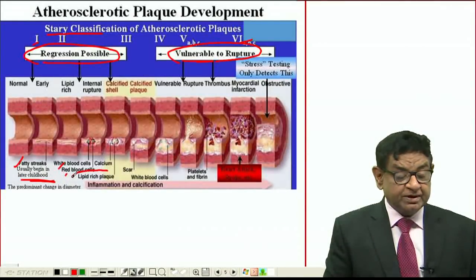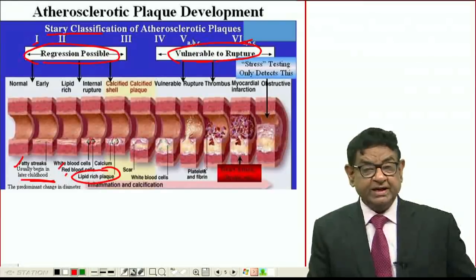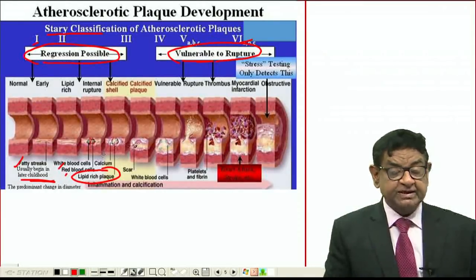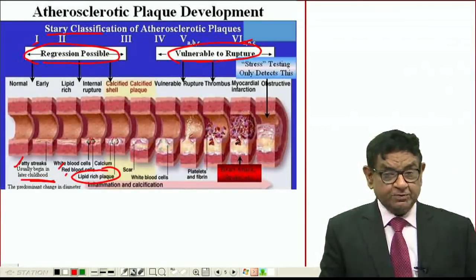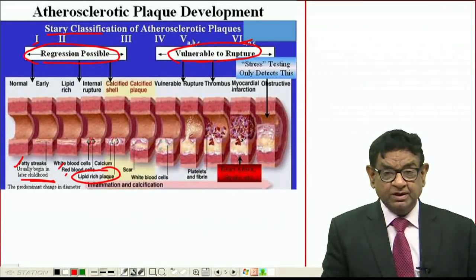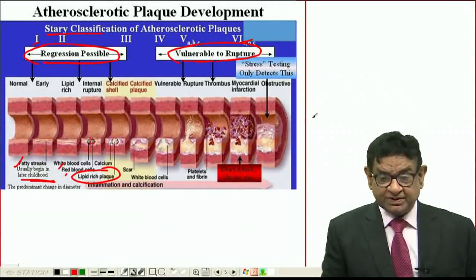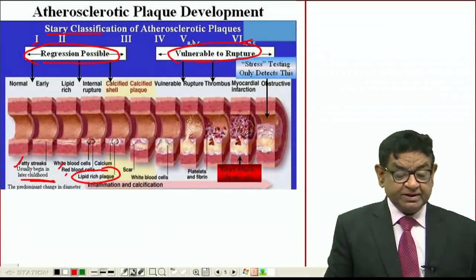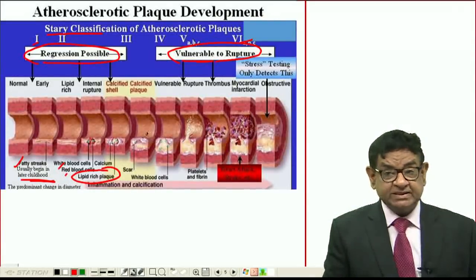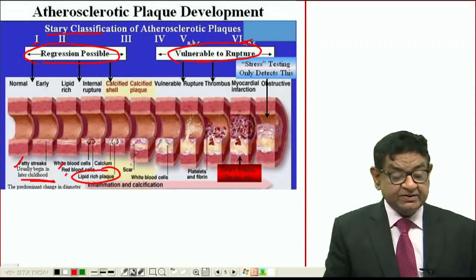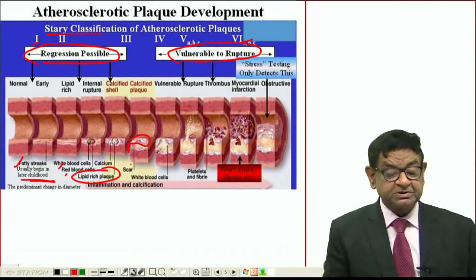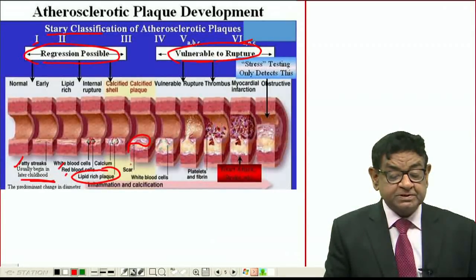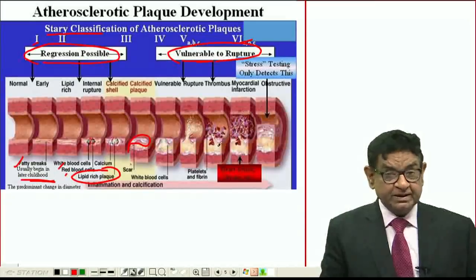Ultimately in the beginning stage we get a lipid rich plaque which contains WBC, RBC as well as calcium. Up to this stage, if lipid and other risk factors are controlled, then it may have some regression. But after that, what happens? Calcification occurs, calcified scar formation occurs, and ultimately it obstructs the coronary artery.